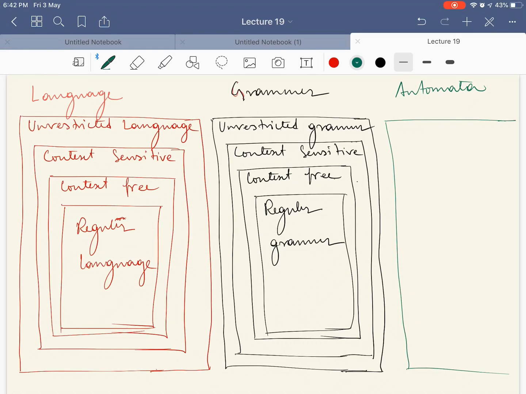Similarly, for the automata, the regular grammar and its corresponding automata is called finite state machine or FSM.